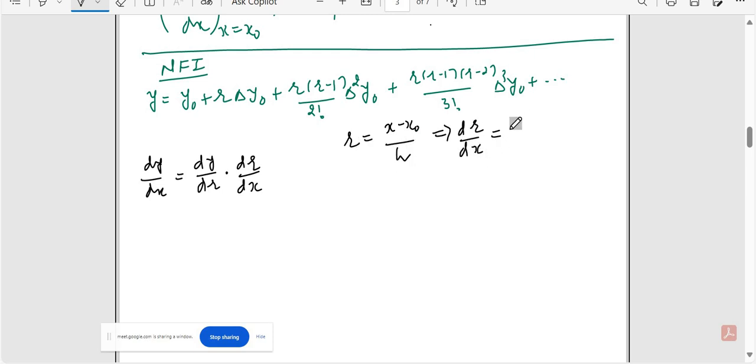It is 1 by h, because x0 is the fixed value and the derivative of x is 1. So 1 by h is your dr by dx.